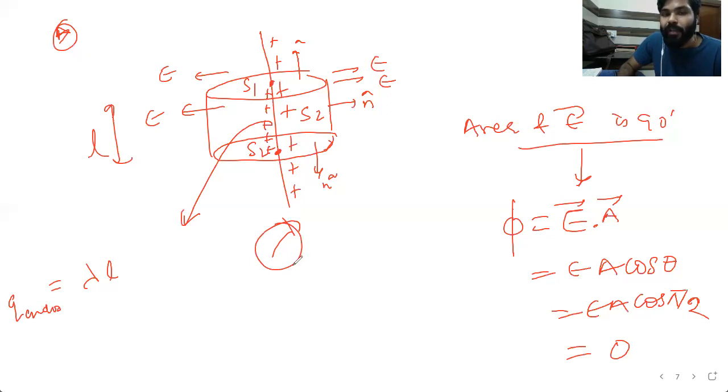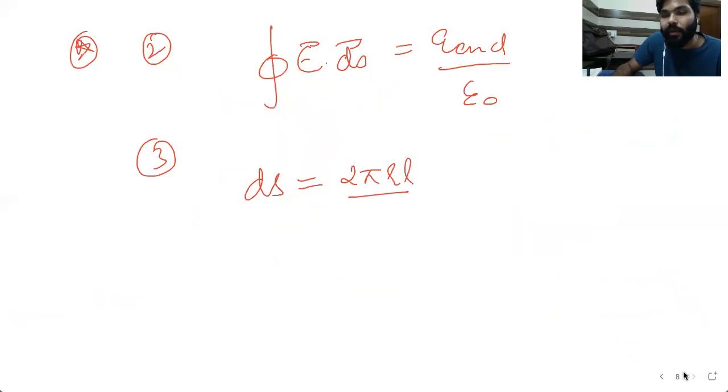If unit length has charge lambda, then length L will have charge lambda L. So the charge enclosed by the curved surface is lambda L, and the area, which is ds, will be 2 pi r l, the curved surface area. So you can write ds as 2 pi r l and Q enclosed as lambda into L.